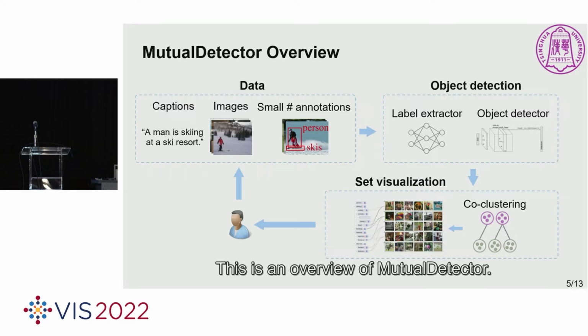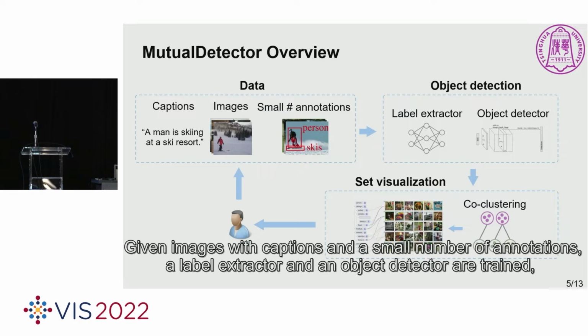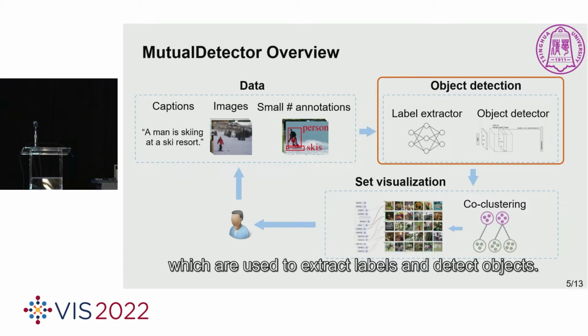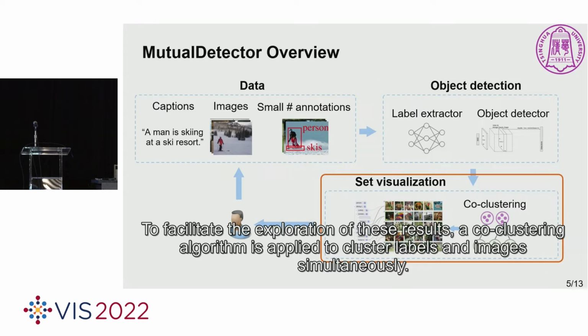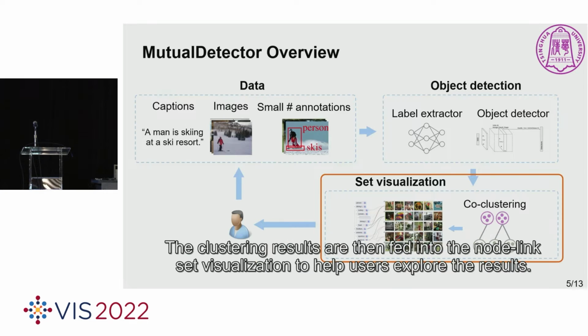This is an overview of MutualDetector. Given images with captions and a small number of annotations, a label extractor and an object detector are trained, which are used to extract labels and detect objects. To facilitate the exploration of these results, a co-clustering algorithm is applied to cluster labels and images simultaneously. The clustering results are then fed into the node-link set visualization to help users explore the results.